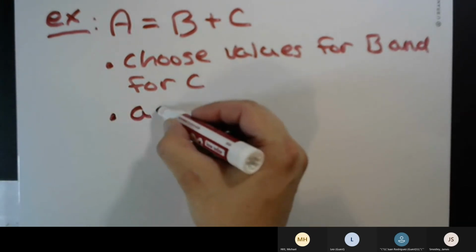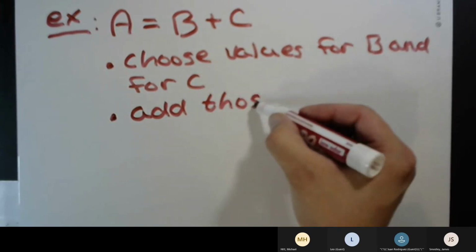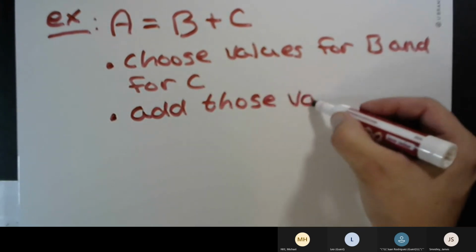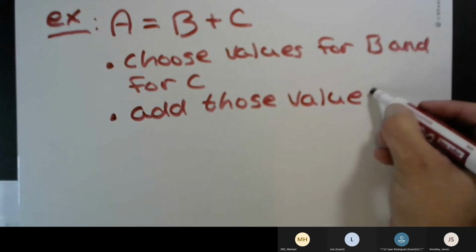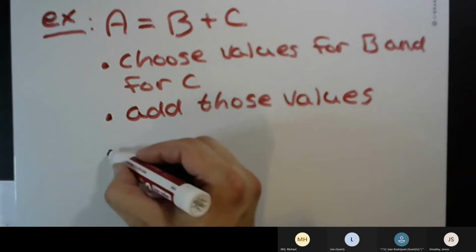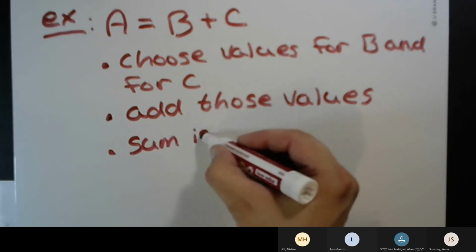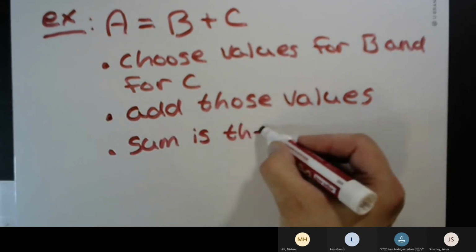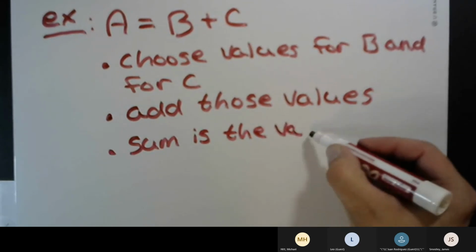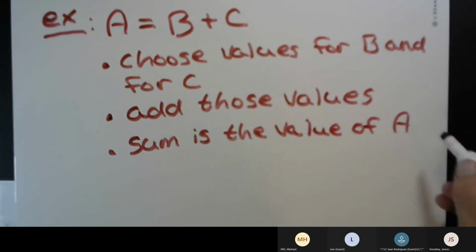Second, we add those values because we're supposed to add B plus C. And then the sum is the value of A.